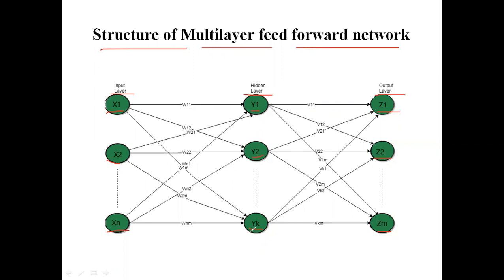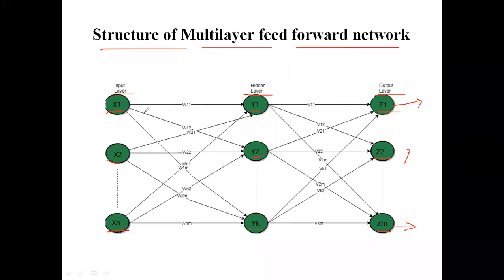They perform a particular task and produce some results, and those results are supplied to the output layer. Here also some tasks are performed in the output layer. Finally, we get the final outcomes from the output layer. These are the jobs of these three layers.